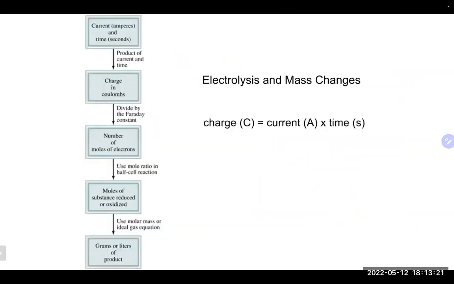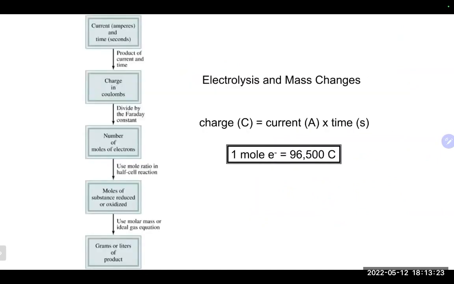So let's talk about electrolysis problems. They run in one of two ways. They oftentimes will give you the current or the amperage at which you are running an electrolysis cell, and how long you're going to be running it for.